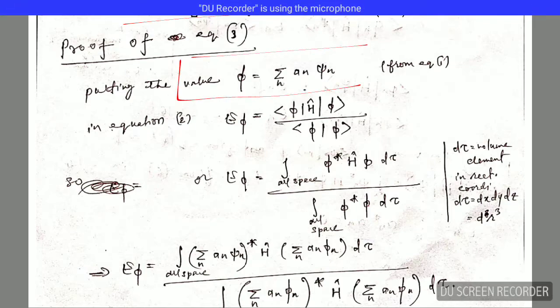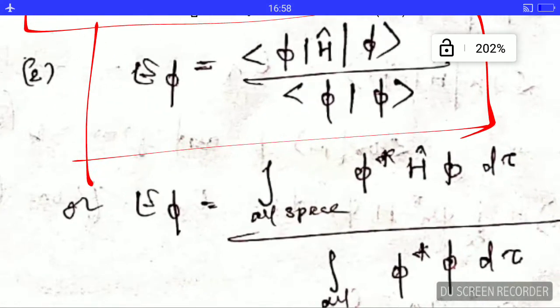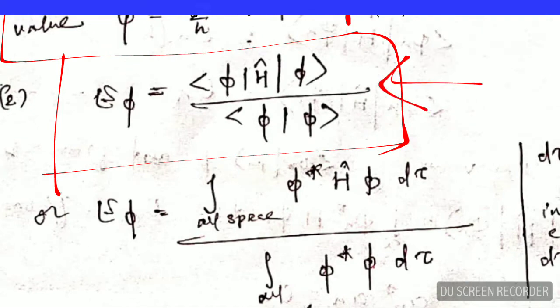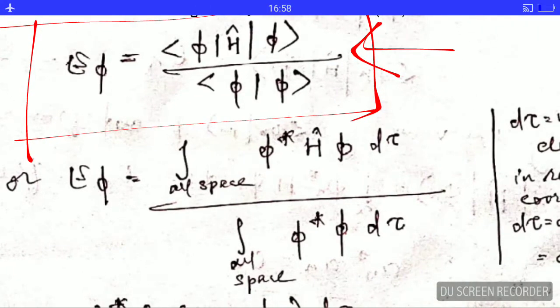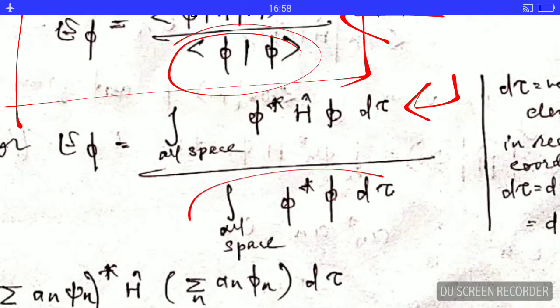This is equation number 1 in our previous explanation, and we have also seen the energy of the state was this. This energy of the state is written in bra and ket notation, and it can be written in the form of an integration like this. And this scalar product is written like this.